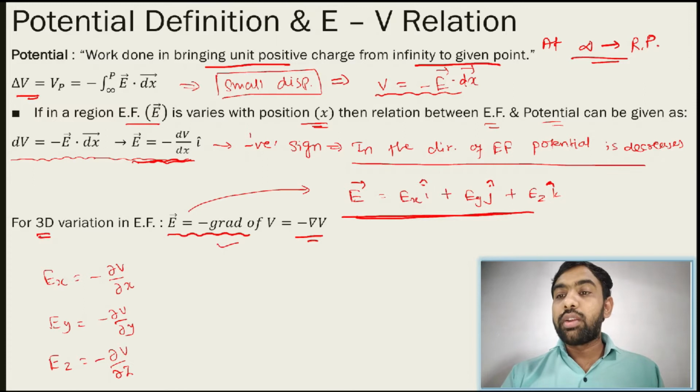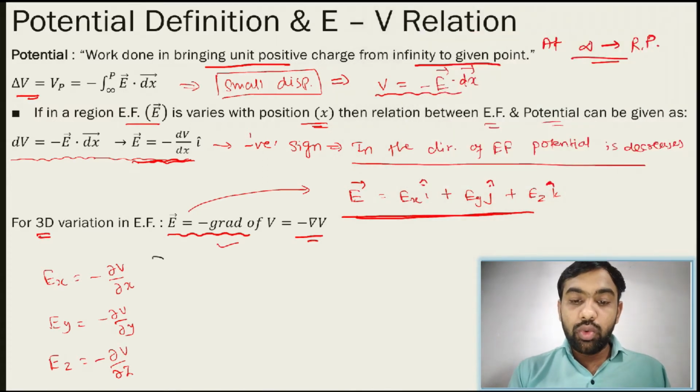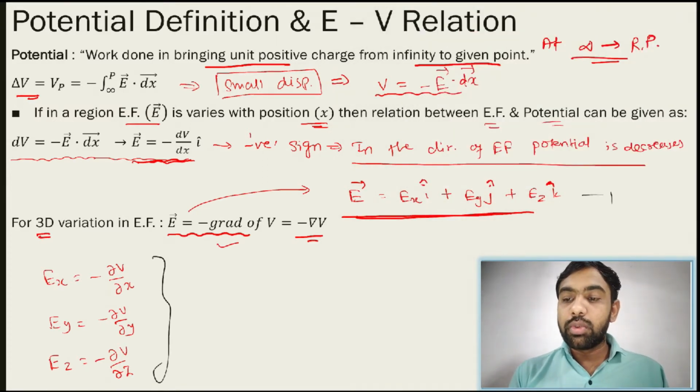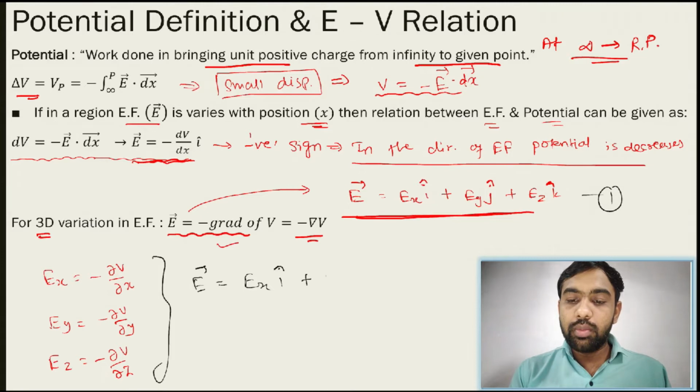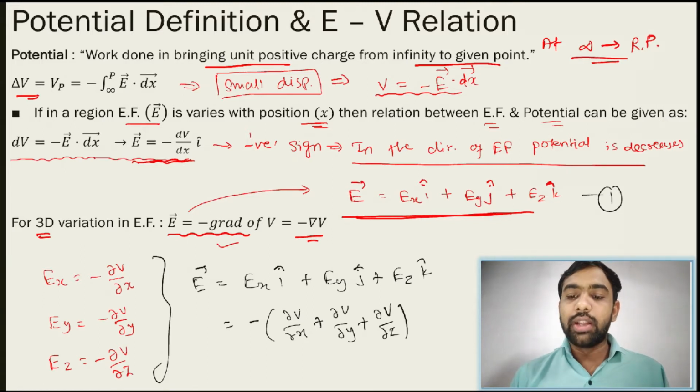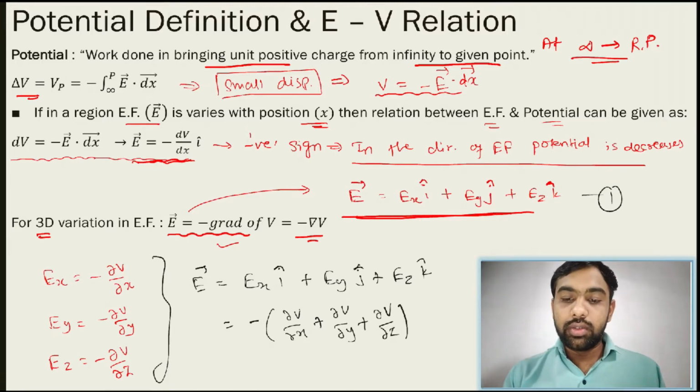Now for the vector form, you put all these values into equation number 1. Electric field is equal to Ex i plus Ey j plus Ez k, so put in the values: minus del V by del x i plus del V by del y j plus del V by del z k, with directions i, j and k.